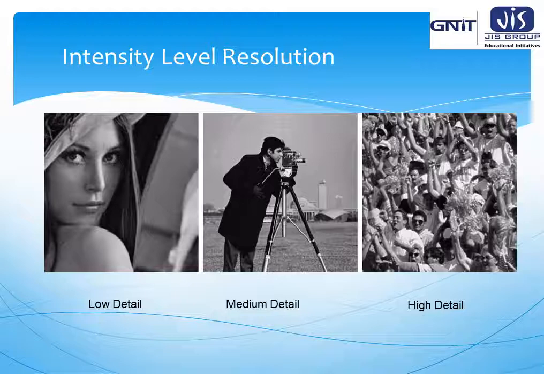Now if we have some foreground and background, that means in front there is some information and at the background also there is some information, then the detail should be a little higher, so it should be medium detail. Now at the extreme right side we can see lots of people. If you want to see clearly what all of them are doing, you require much more detail. So here is a high detail image.